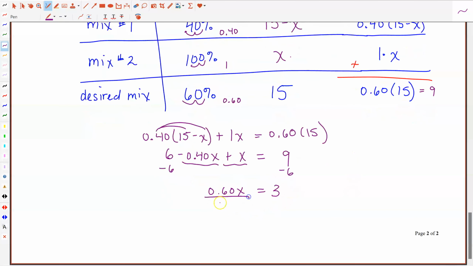Solving for the variable x, we divide both sides by 0.60, and so the value for x has to be 5. So what we have just found is that we need to drain the system and replace it with 5 quarts of the pure antifreeze at 100% concentration.